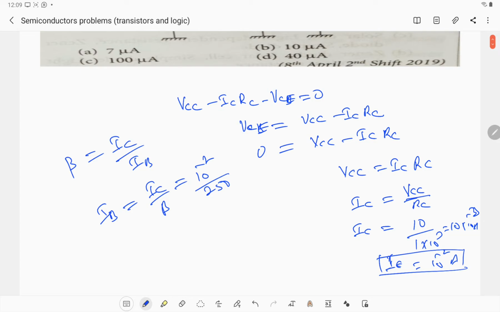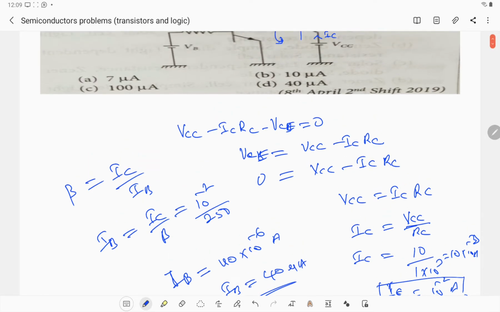This becomes IB equal to 40 into 10 to the power of minus 6 amperes. Therefore, IB is equal to 40 microamperes. Therefore, answer D is correct.